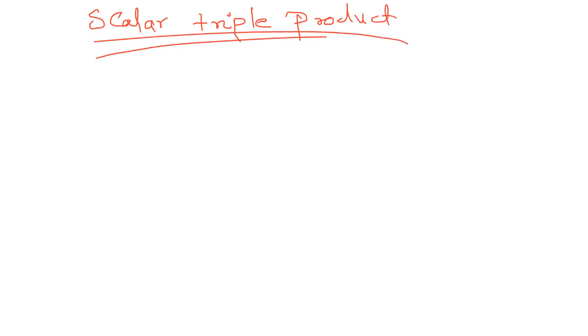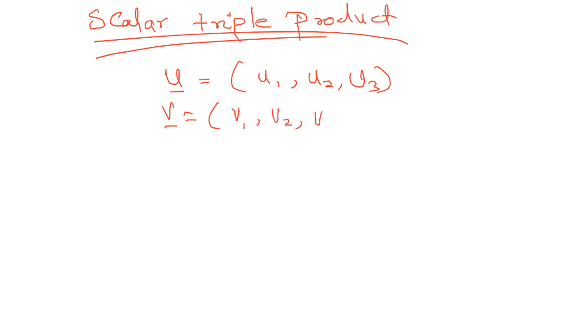Scalar triple product means if you have three vectors, for example, u vector, which is u1, u2, u3, and v vector is equal to v1, v2, v3, and w vector is equal to w1, w2, and w3.